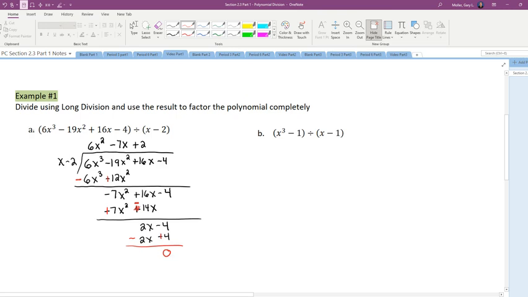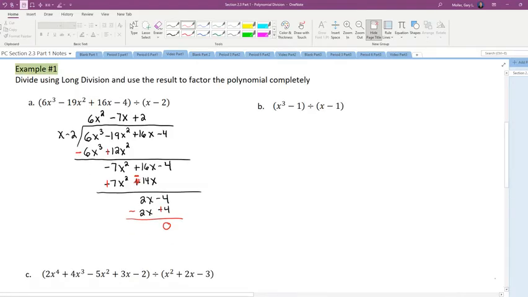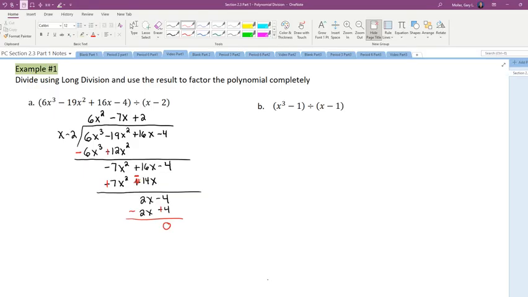All right, let's follow the rest of the instructions here. Divide using long division, and then use the result to factor the polynomial completely. All right, so not only did it have a remainder of 0, but that's important because if you divide something and there's no remainder, we know it's a factor. So what do I know right now?